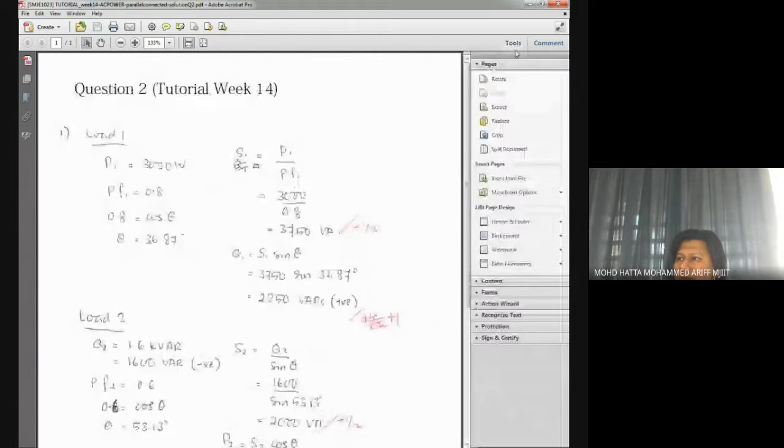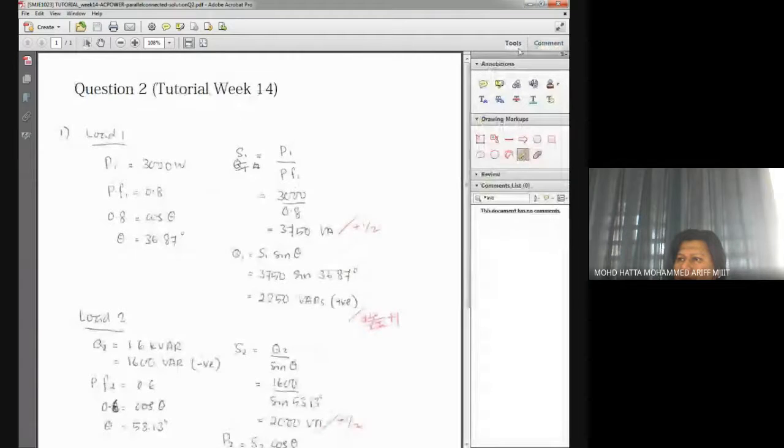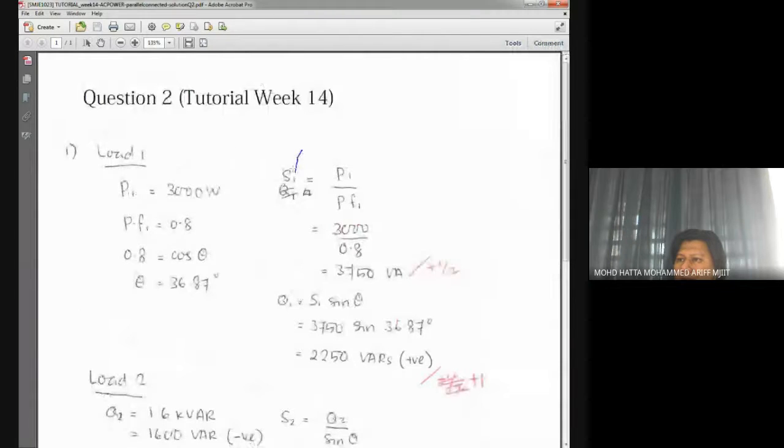Maybe I annotate a bit. This one is our apparent power, and this is our active power or real power, and this is our power factor, of course, where you know that P is given by VI cos theta, and VI is basically S, so P equals S cos theta.